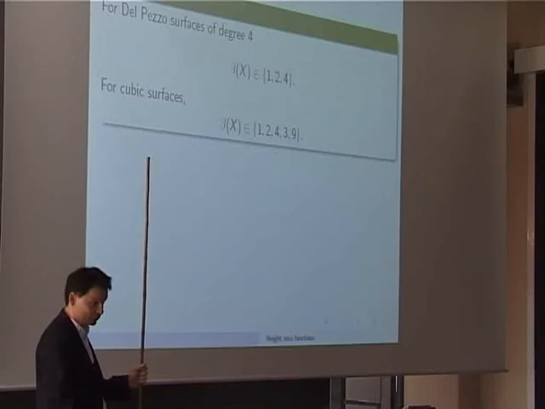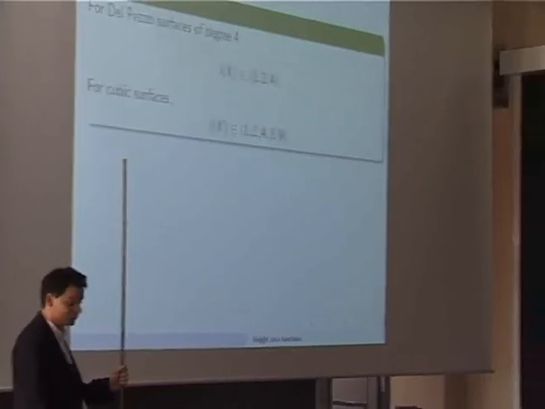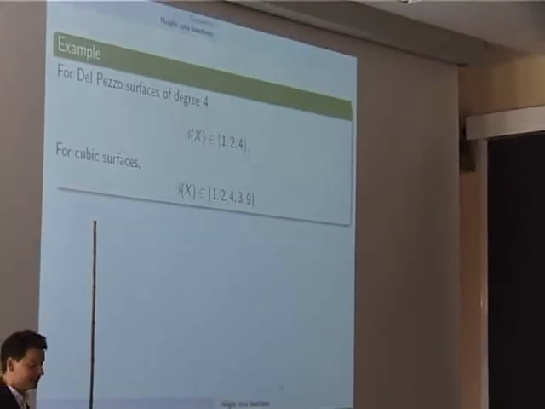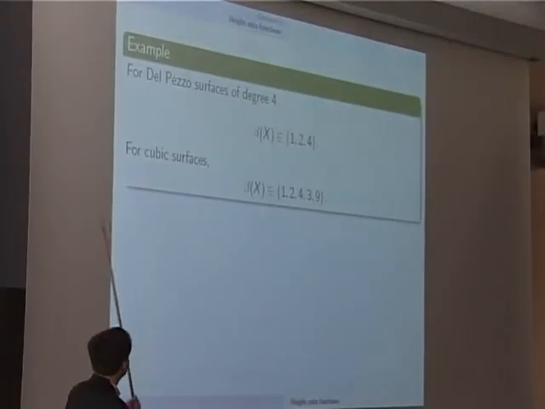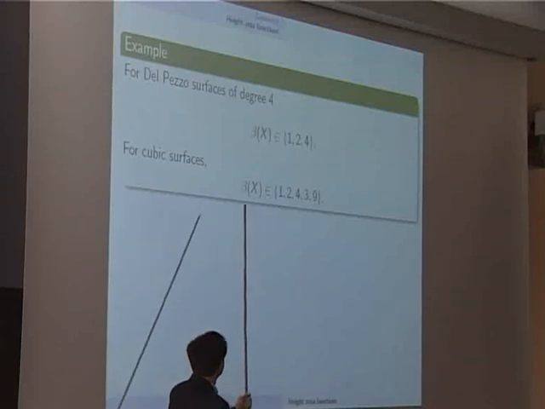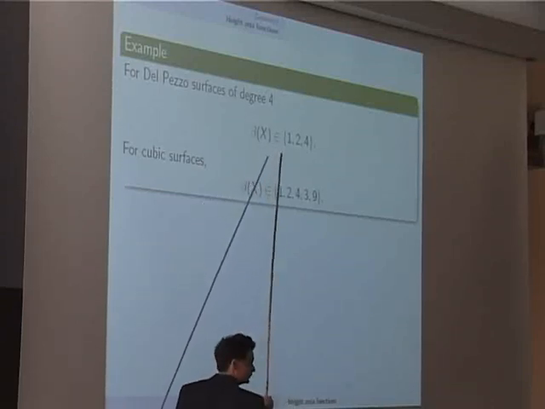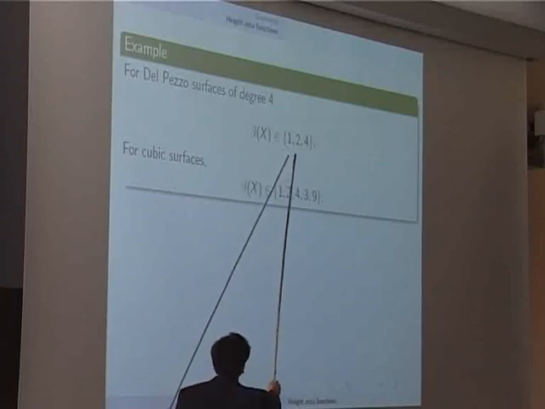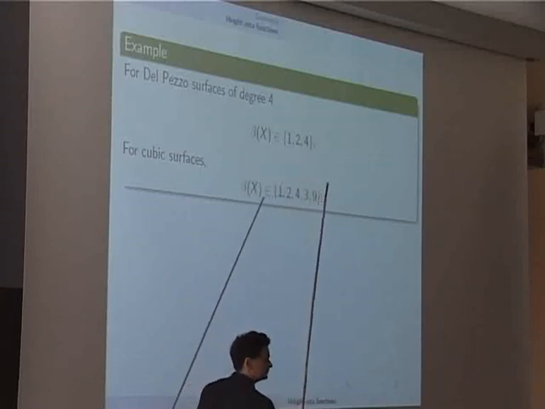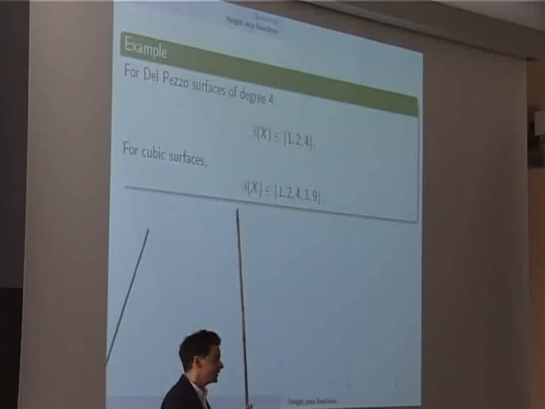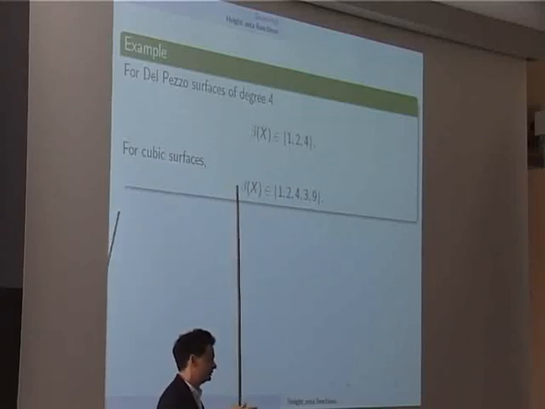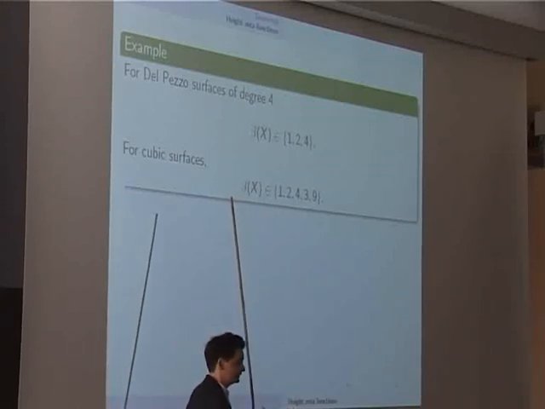All right, so here are some examples to finish. What are these constants? For del Pezzo surfaces of degree 4 over Q, you find that for the non-trivial part of the Brauer group, the only thing that can happen is 1, 2, or 4. So either your Brauer group is trivial or Br X over Br F is Z/2 or Z/2 plus Z/2, and that's it.